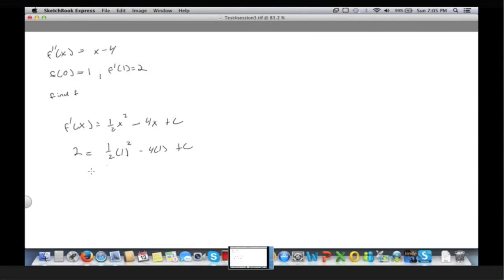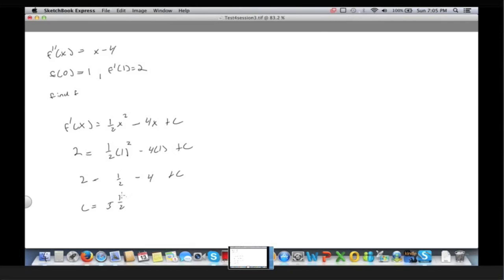And then we get 2 equals 1 half, 1 half times 1 is just 1 half, minus 4 plus c. So we get c is equal to 5 1/2. Now I'm going to check this right away.